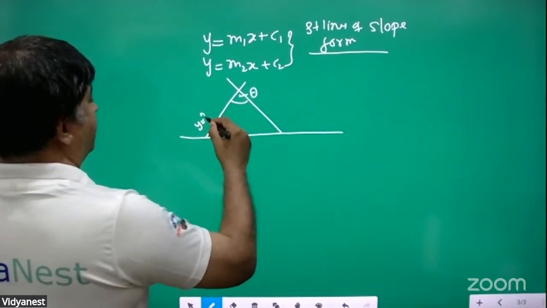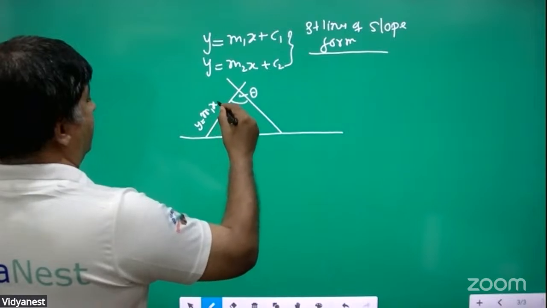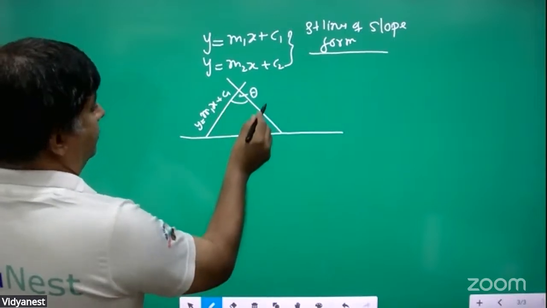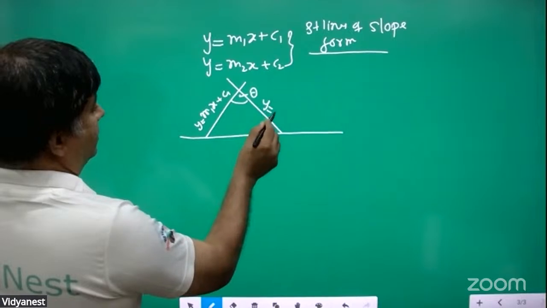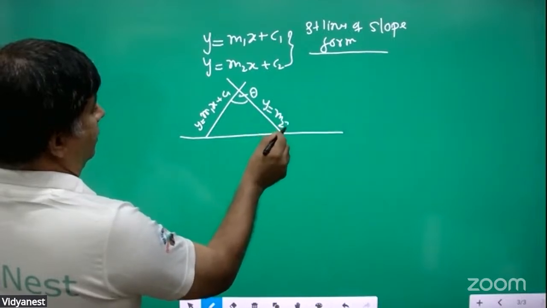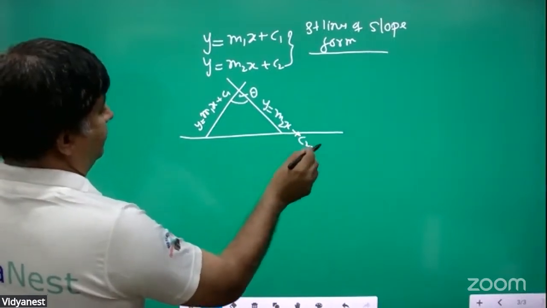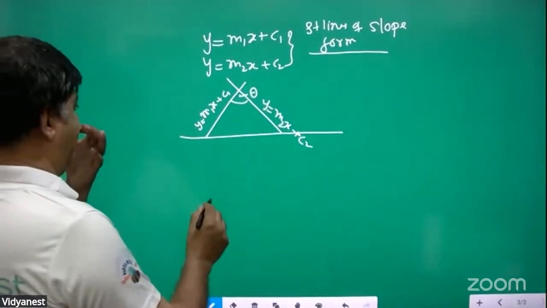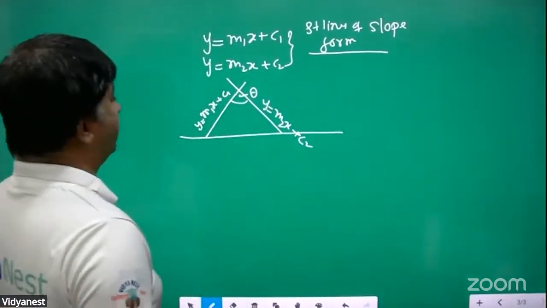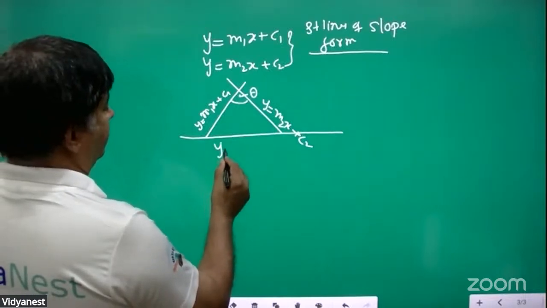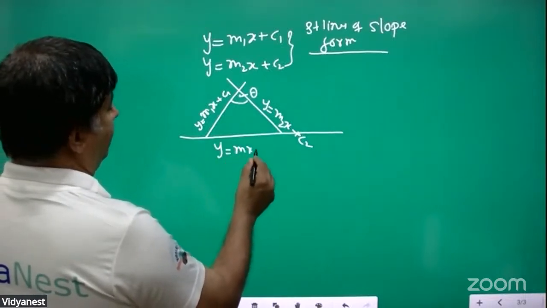This line is y is equal to m1x plus c1. This line is y is equal to m2x plus c2. And this line is y is equal to mx plus c.